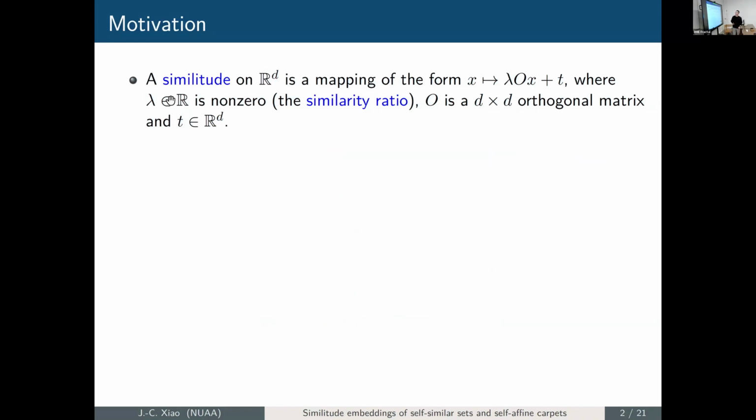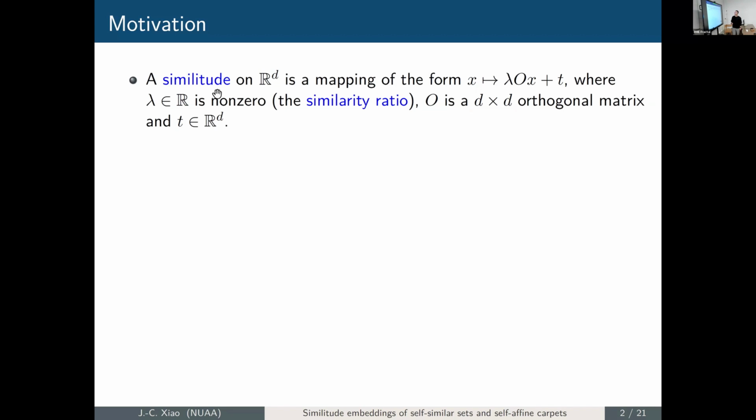Okay, so let us talk a little bit about the motivation. A similitude on the Euclidean space is just a simple map which sends a point x to lambda O x plus t. Here lambda stands for the similarity ratio of that mapping, capital O is just a d by d orthogonal matrix, and t is the translation vector.